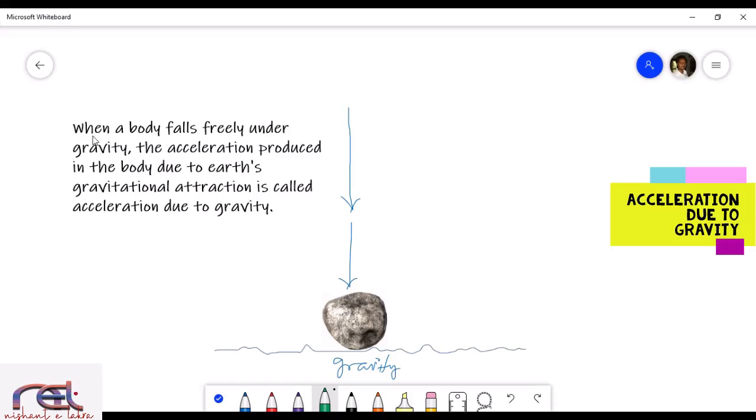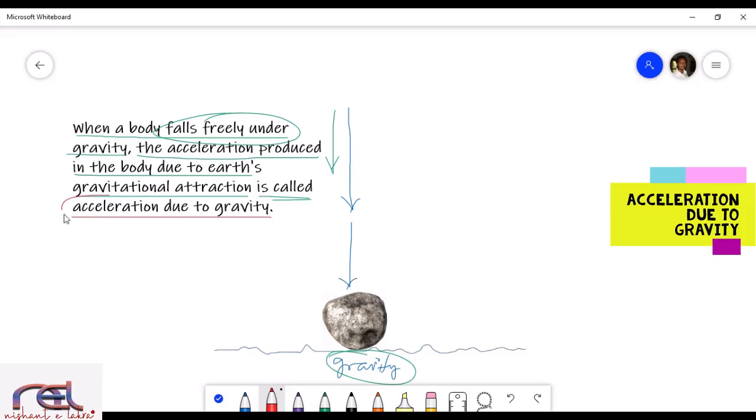Now when a body freely falls under gravity, the acceleration that is produced in the body, right, it is freely falling because of gravity. The acceleration produced in the body because of Earth's gravitational attraction is called as acceleration due to gravity. So the acceleration caused because of gravity is known as acceleration due to gravity.